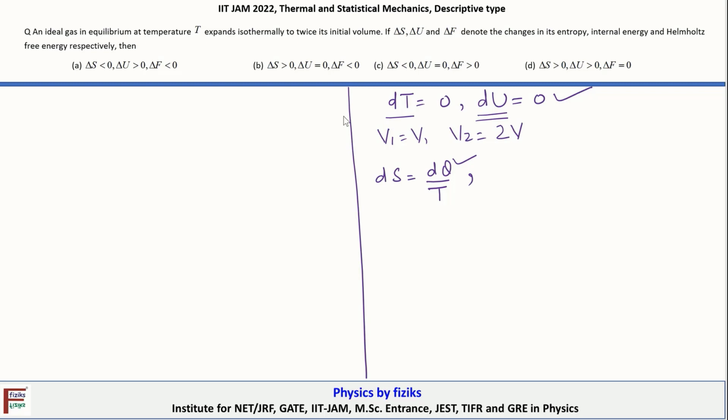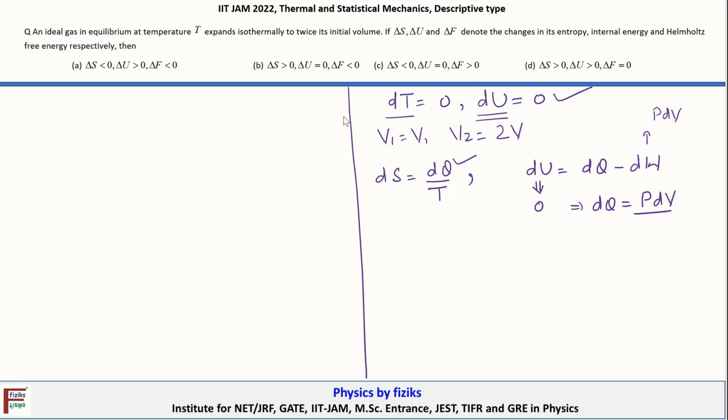Here we will make use of the first law of thermodynamics, which says dU equals dq minus dw. Because it's an isothermal expansion, dU is 0, so dq is equal to dw, which in turn is equal to P dV. So dq is equal to P dV.